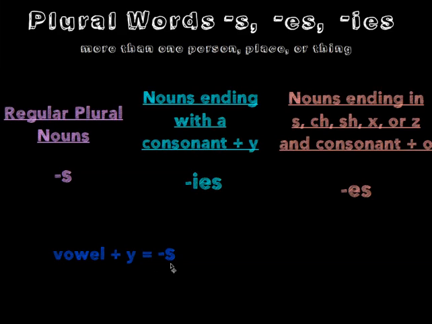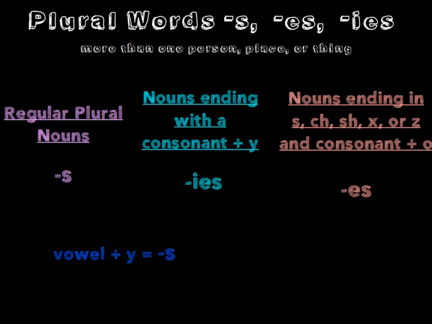Well, you would just add an S. Then we have nouns ending in S, CH, SH, X, or Z, and also words that have a consonant followed by an O. All words with these letter endings, to make them plural, all you do is add ES.